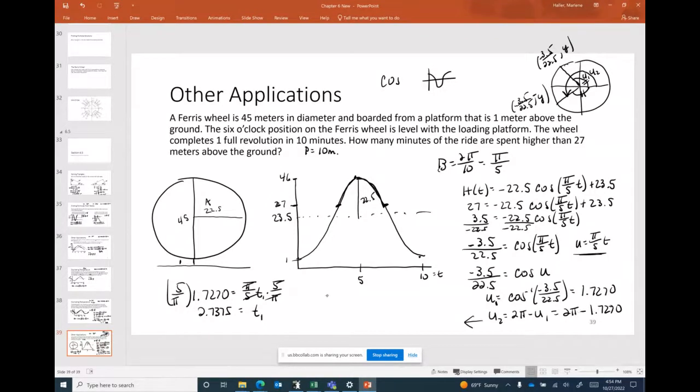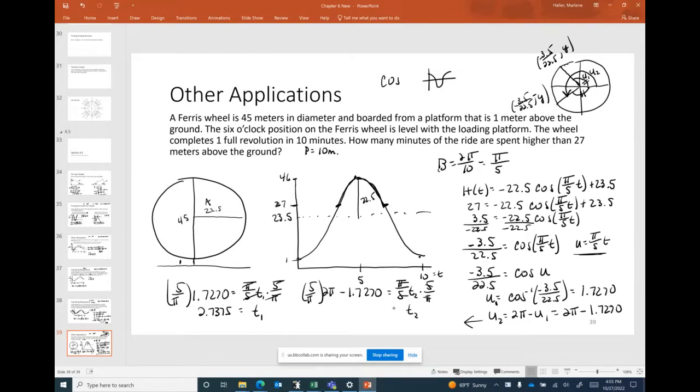Now, what is the other one, the t2? Well, then we've got to take U2 and solve that. So it's 2 pi minus 1.7270 equal to that pi over 5t, right? So multiply both sides by the 5 over pi. Divide all this out.